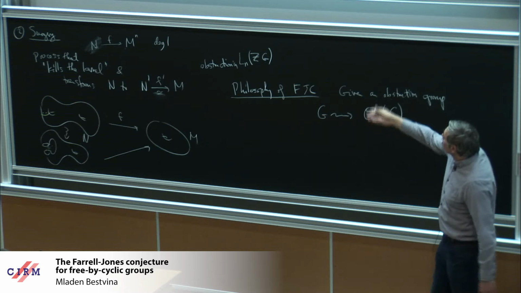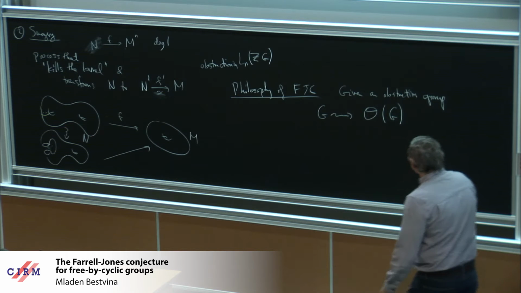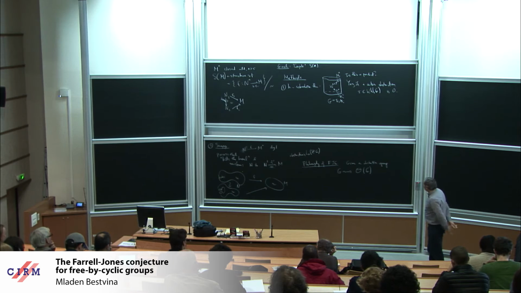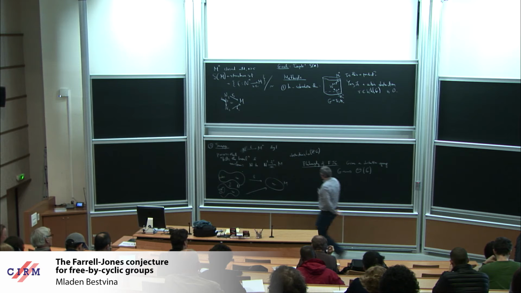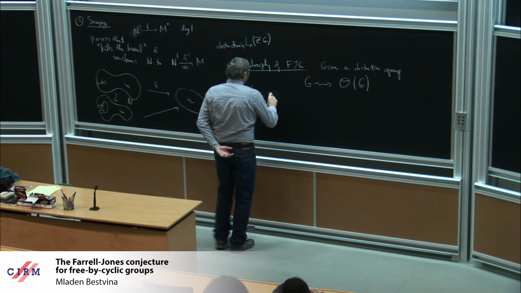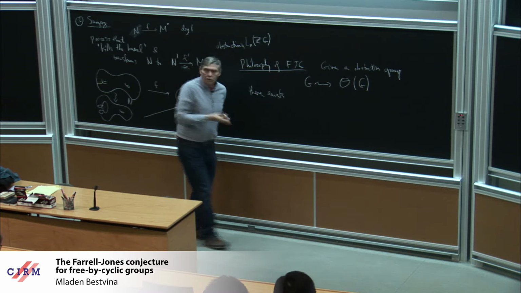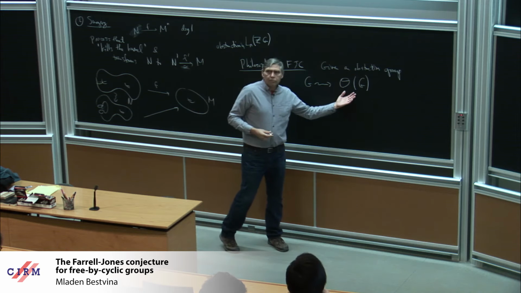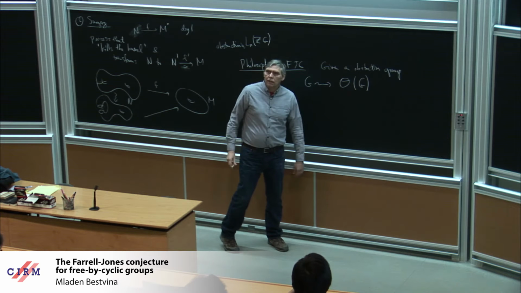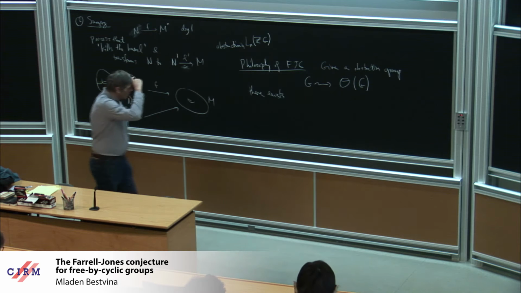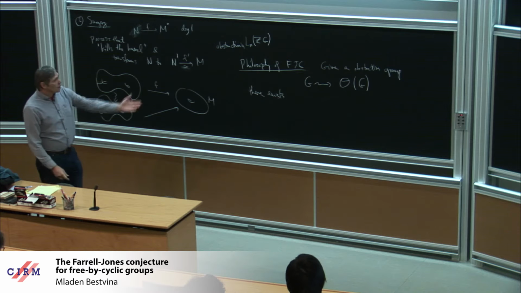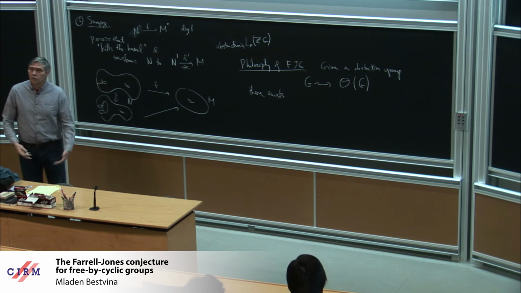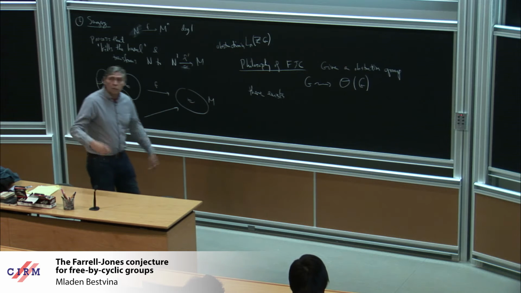This could be the Whitehead group, or it could be one of these L groups, or there are other kinds of obstructions. So the conjecture is that these obstruction groups are the simplest possible. You know, so what does simplest possible mean? This is not something exotic. This is the simplest thing that can conceivably work.